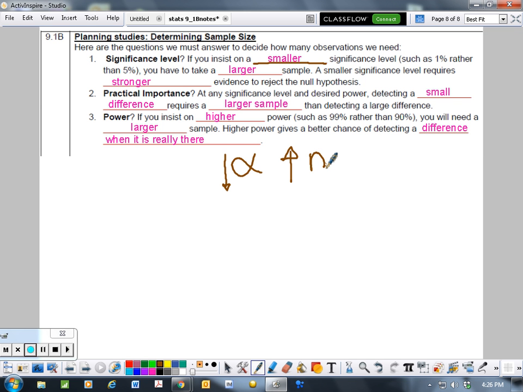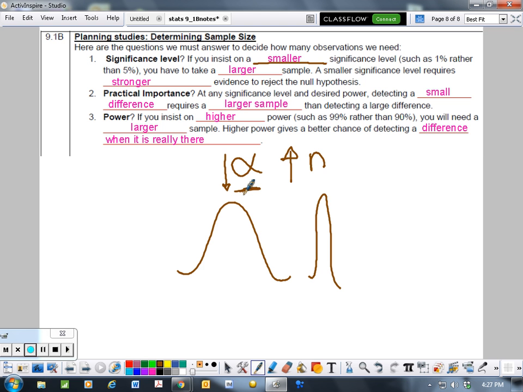The more people you have in your sample, the more likely you are to get a smaller probability, because it makes the distribution tighter. Less spread means it's more likely that we can meet that.